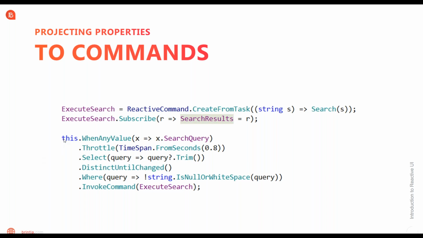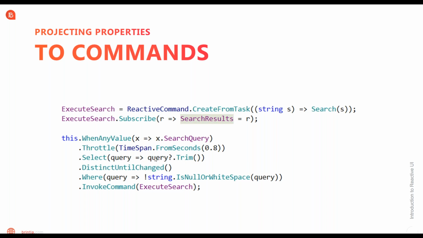We will be creating an observable out of the search query property that will throttle the elements using this time span for 0.8 seconds. And we will only take the last element from this sequence whenever it has been pushed a lot of items. We only will get the last one, and we will select from the throttle element.